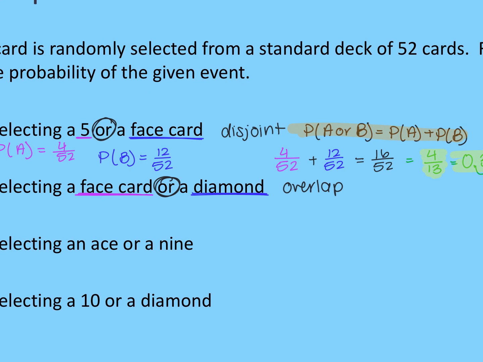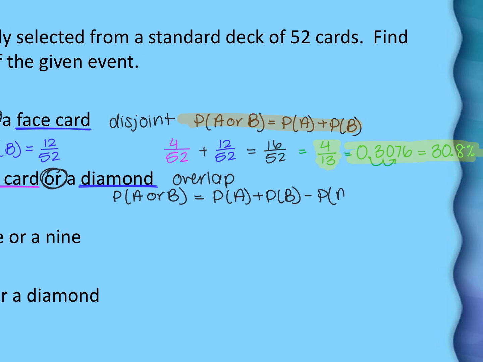And writing my formula for overlap, I'm going to have the probability of A or B, which equals the probability of event A plus the probability of event B minus the probability of what's overlapping, which is my A and my B together.